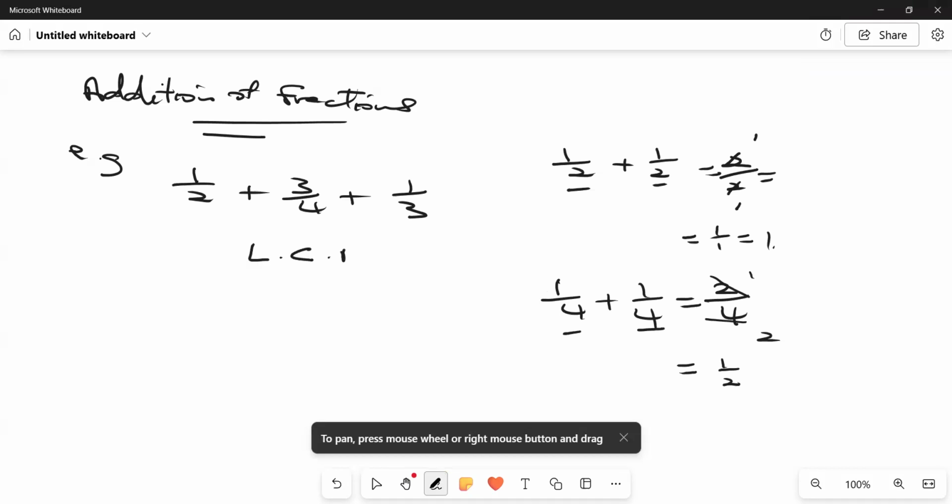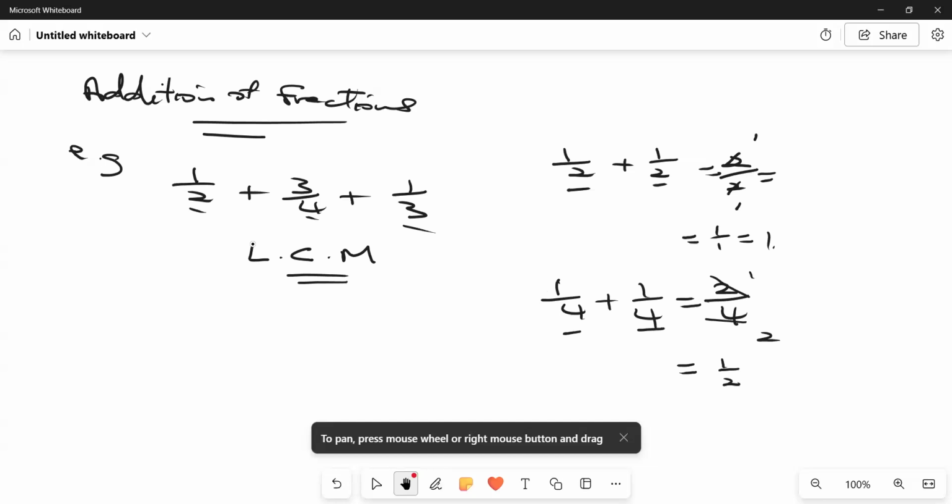Probably you heard this term before, the LCM that you have to find. And the LCM of 2, 4, and 3 is what you want, right? It shouldn't be hard for you to look at it and see that the LCM of 2, 4, and 3 would be 12, right?